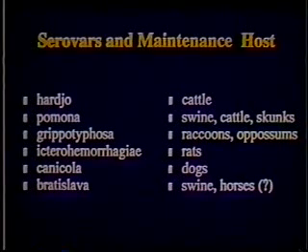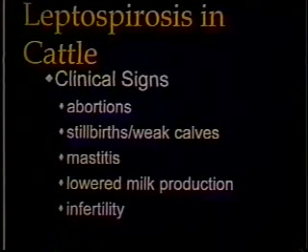In any case, here are a number of the Leptospira species and some of the hosts that they may affect. And while there are cross-species infections, nevertheless, many of the Leptospira do have preferential hosts, as is shown in this slide. Characteristically, leptospirosis causes abortions, and these may occur at any time.